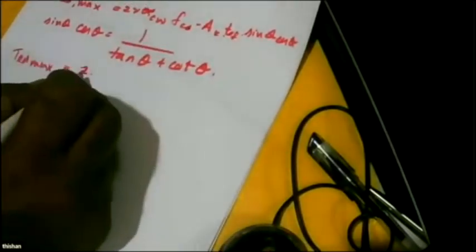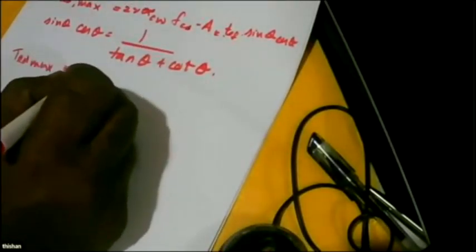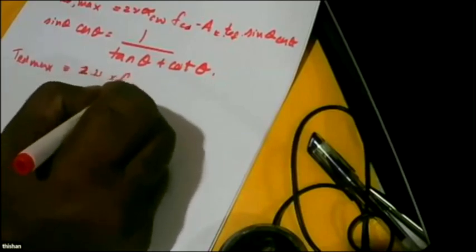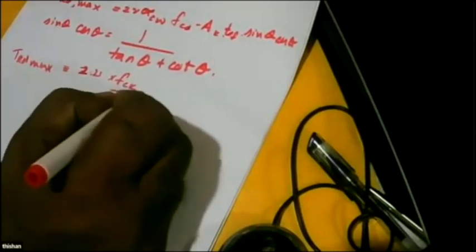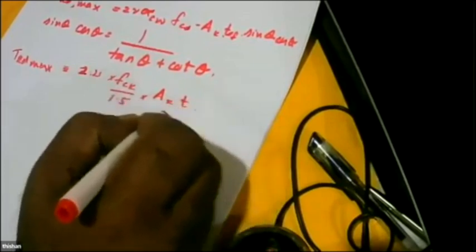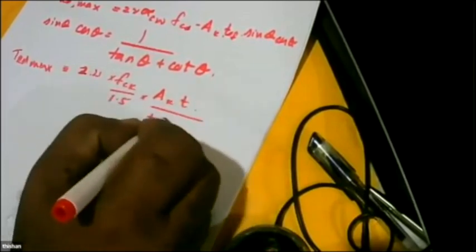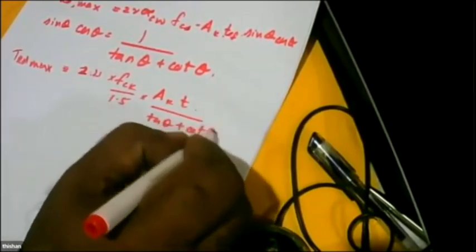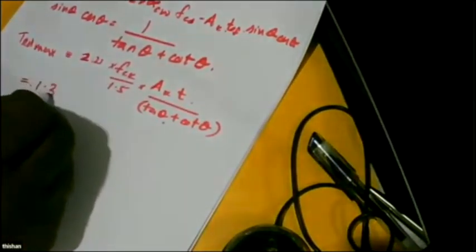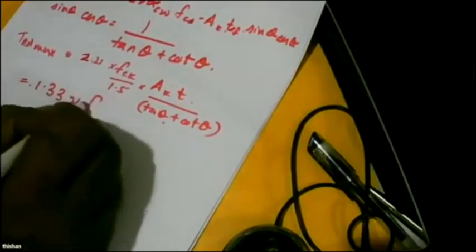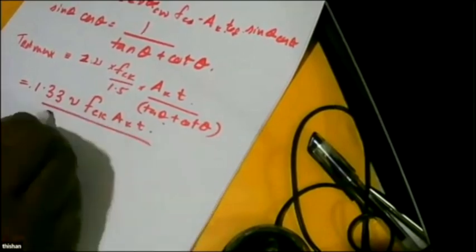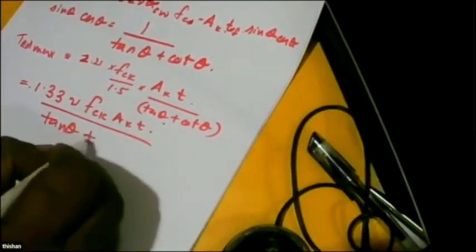Then you get alpha 2 nu FCK divided by 1.5 multiplied by AK T, tan theta plus cot theta. So 2 divided by 1.5 is 1.33, nu FCK AK T tan theta plus cot theta.